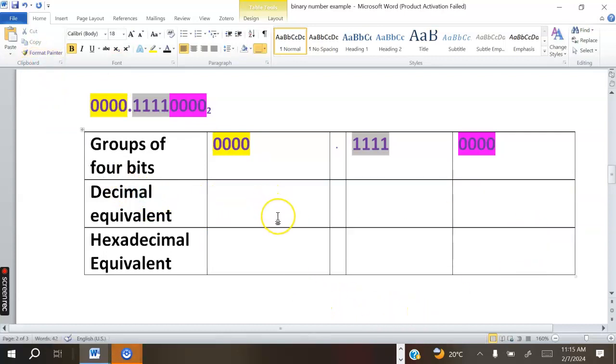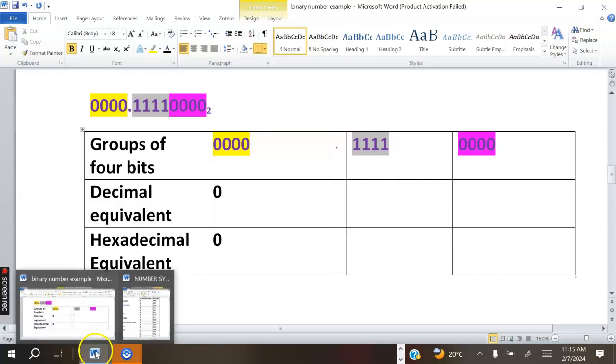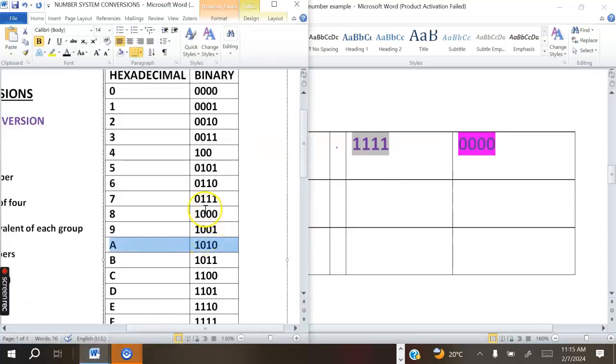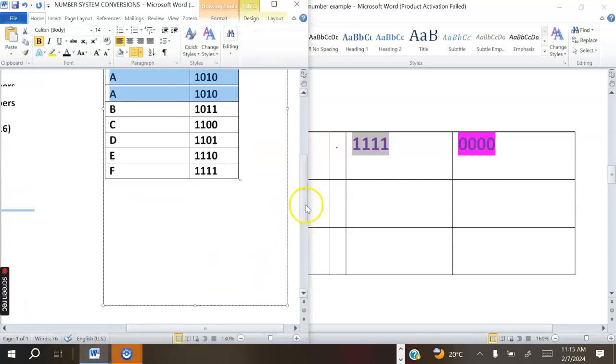Okay, the next step is to get the decimal equivalent. The decimal equivalent for 0000 is actually 0. Then we have this one, 1111.